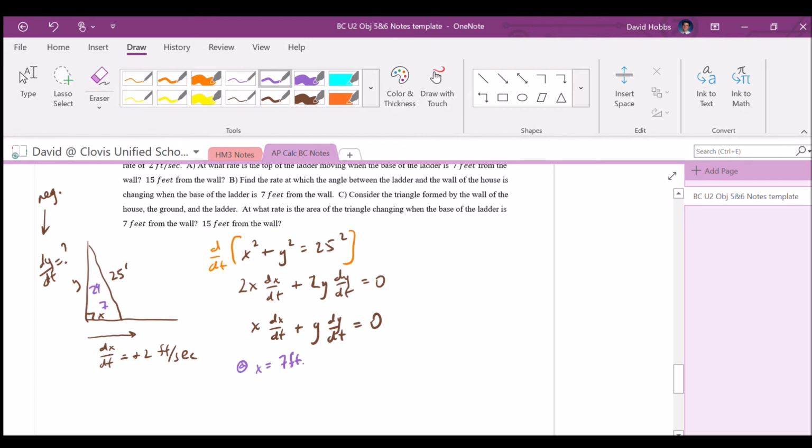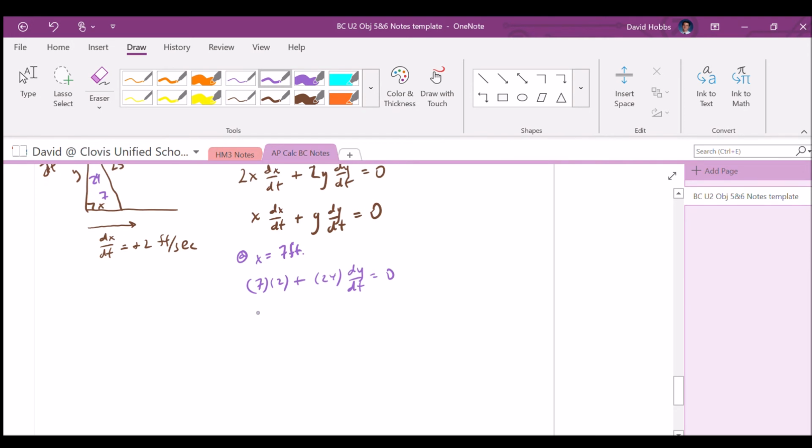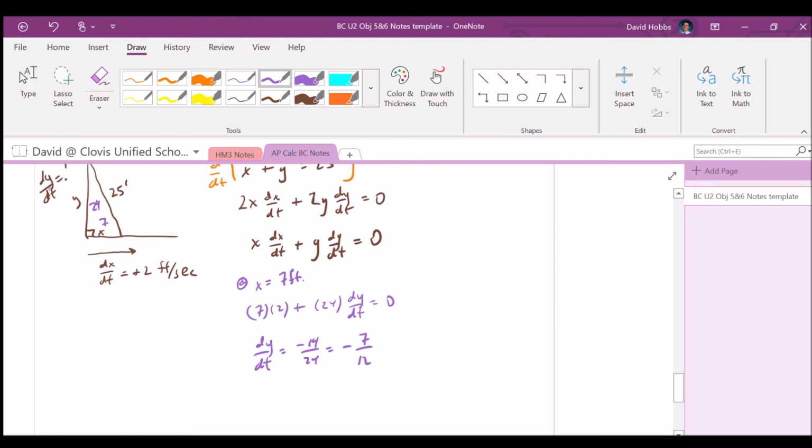So let's plug in the values we have: 7 times dx/dt, which is 2, plus y, which is 24, times dy/dt, which is what we're trying to find. So dy/dt is negative 14 over 24, in other words, negative 7/12 feet per second.